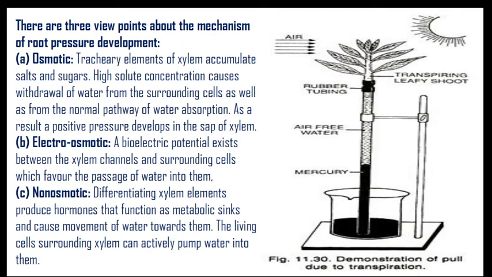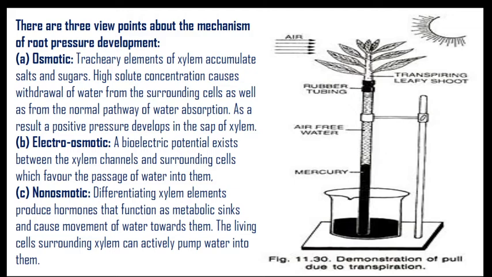Then there are three different points about the mechanism of root pressure development. First of all, it is osmotic, which is due to the tertiary elements of xylem which accumulate and hold salt and sugar. That high solute concentration causes withdrawal of water from the surrounding cells as well as from the normal pathway of water absorption.